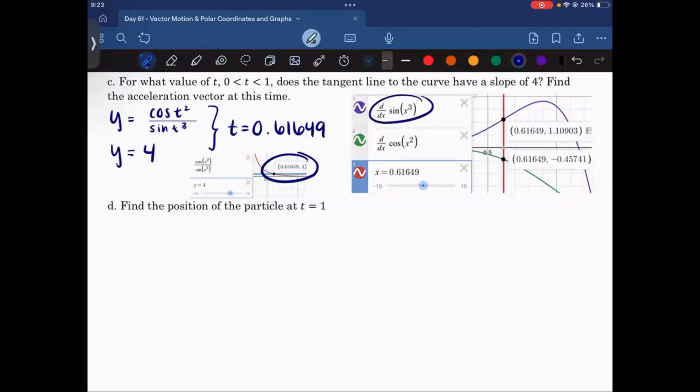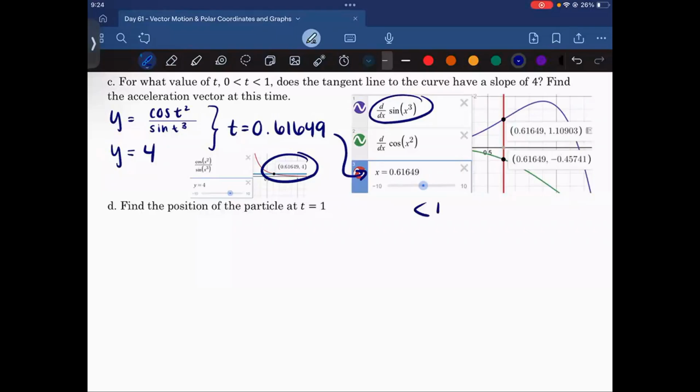I used x instead of t because when we do it on Desmos, it really doesn't like other variables. So I did sine of x cubed and then the derivative, and then the derivative of cosine, and then set x equal to the value that we just found.